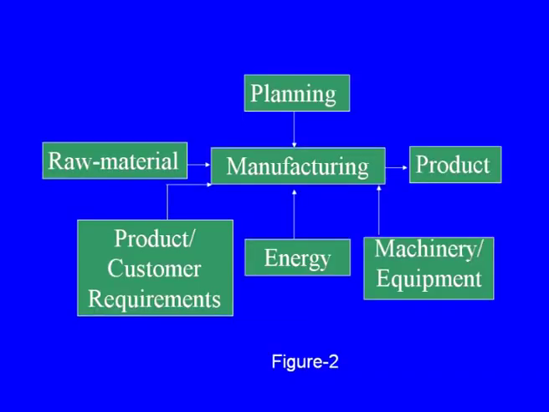Hence, the input output model can be modified as shown in figure 2. The present day trends also look beyond the delivery of the product to the customer, that is, after sale services offered by the organization.